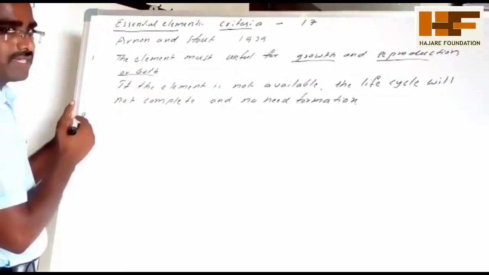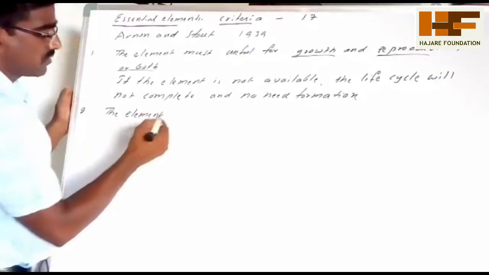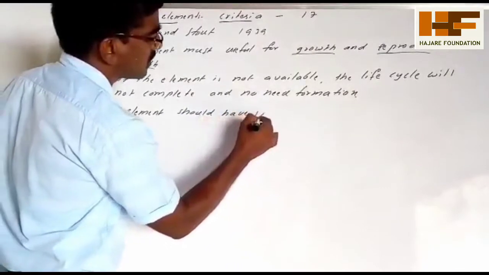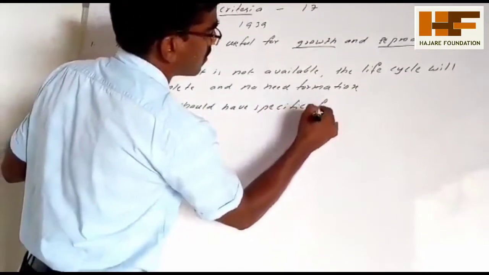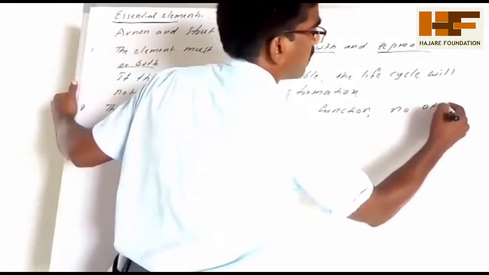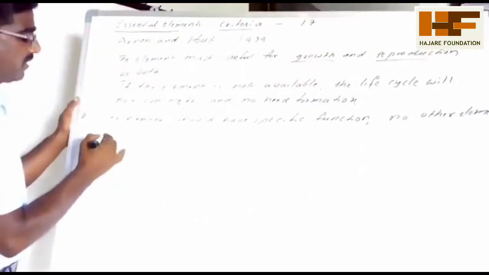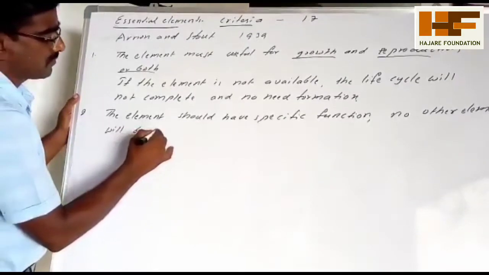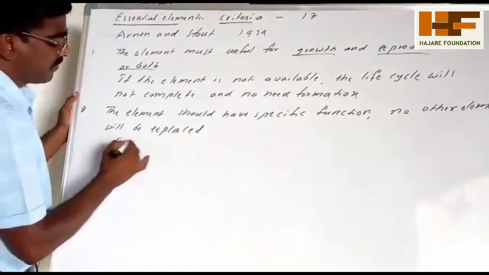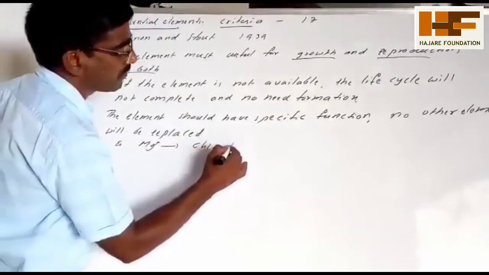The second criterion is that the element should have a specific function, meaning no other element can replace it. For example, magnesium is useful for the formation of chlorophyll.